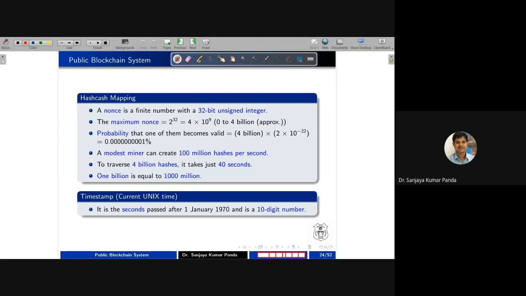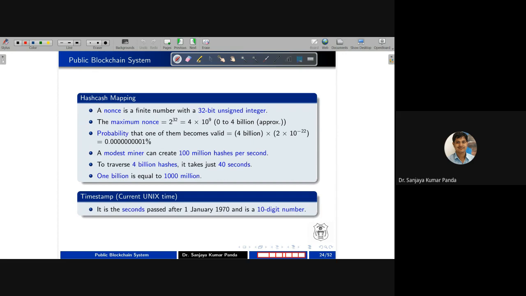Now, nonce is also a 32-bit unsigned integer. So if you calculate, the maximum nonce is 2 to the power 32, which is around 4 billion.